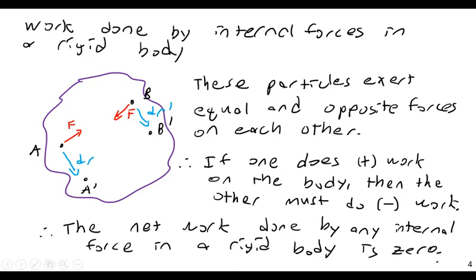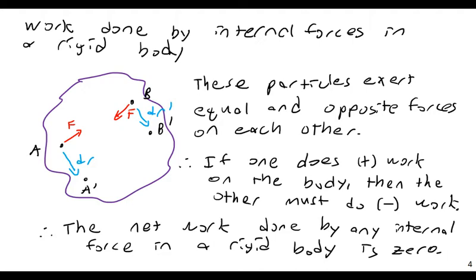Now, if this body were not rigid, that would not necessarily be the case. So, for example, if I have a pressure vessel, that pressure is an internal force. If I increase the pressure, and that pressure causes a stretching of the metal, then I can actually be doing some form of work, because the pressure forces are stretching the metal.